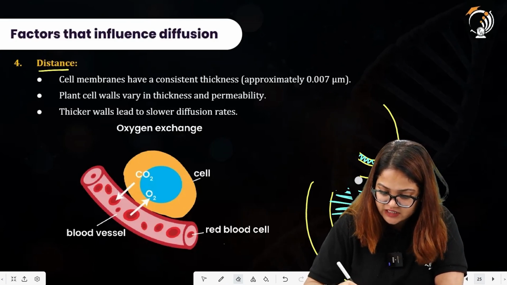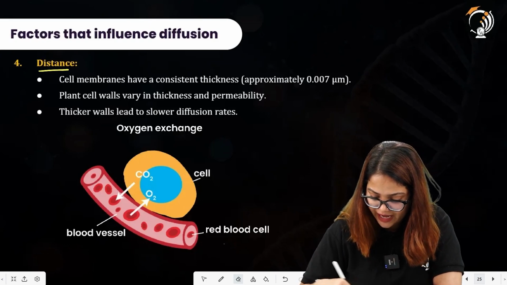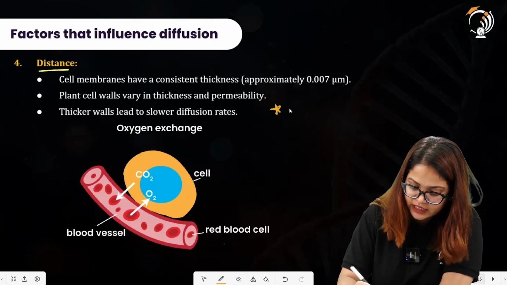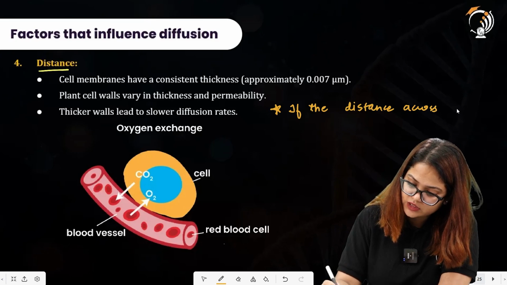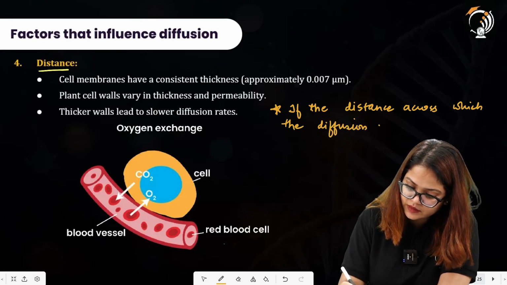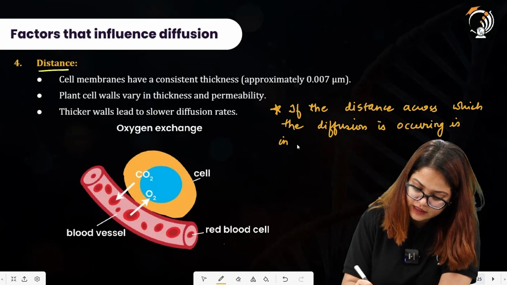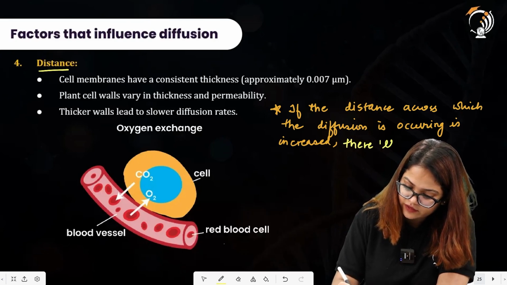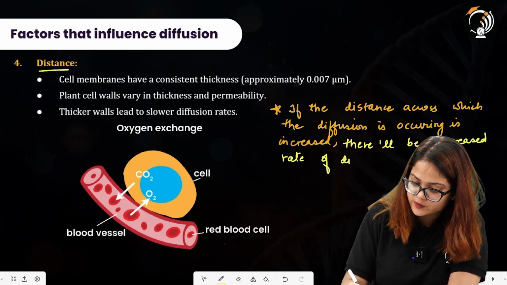Alright, now since we had this factor of distance and an example for the discussion of distance, we will write what we inferred from this example here: if the distance across which the diffusion is occurring is increased, there will be a decreased rate of diffusion.